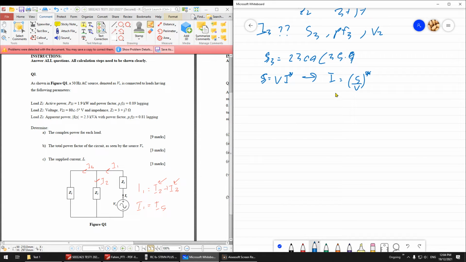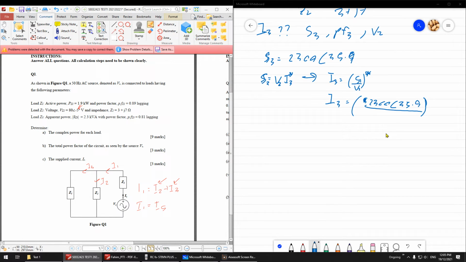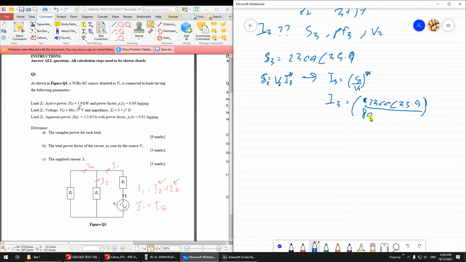So I3, or for this case I2, because we take it from 2. So I3 is equal to S3, this one is 2300 angle 35.9, divided by the voltage number 2, which is this one, 80 angle negative phi.